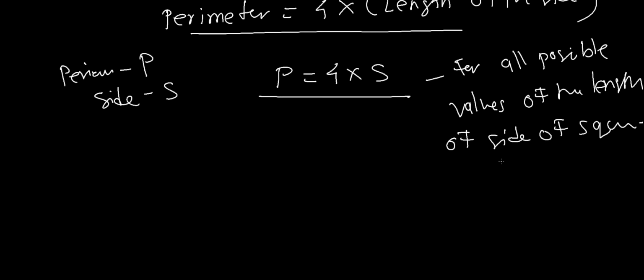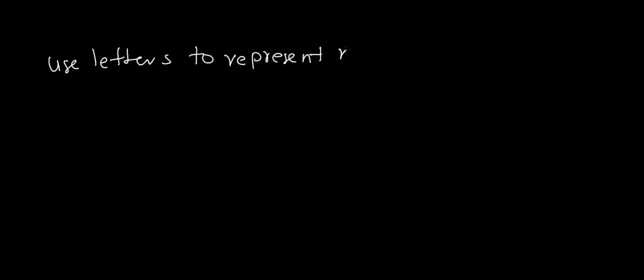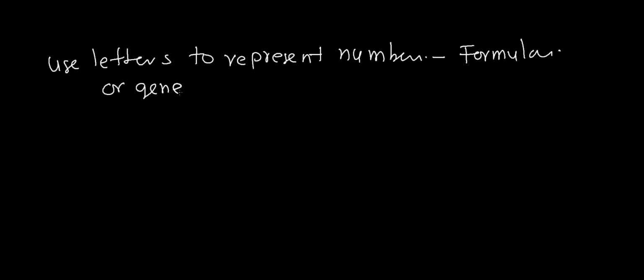So what basically we have done here is we used letters in the above examples to represent numbers, and based on that it helped us to give formulae or generalize the results.